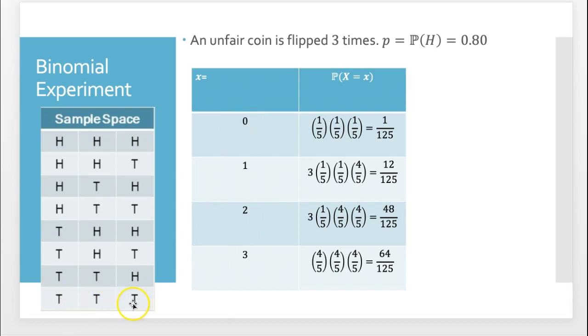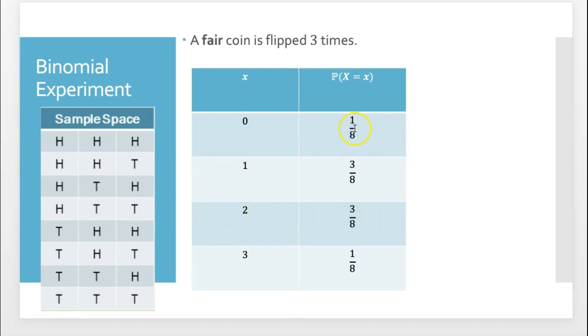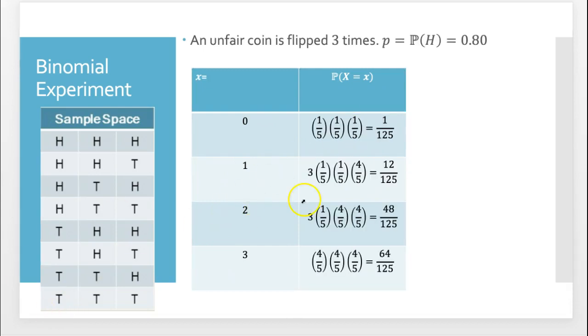Probability of tails is 20%, and these are independent, so it's 20% times 20% times 20%. Written in fractions, 1/5 times 1/5 times 1/5, which gives me 1 over 125. So getting all tails here is much, much less likely than with a fair coin. A fair coin gives 1/8, now it's 1/125th. So it definitely dropped.